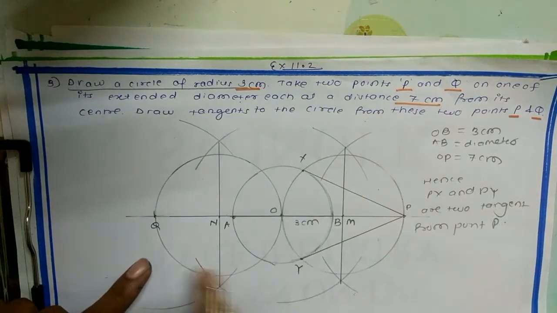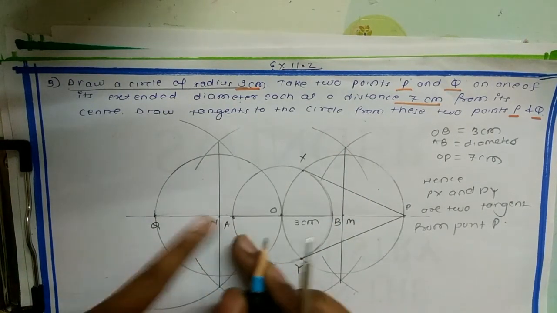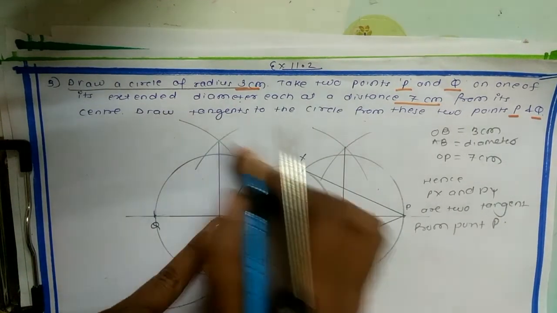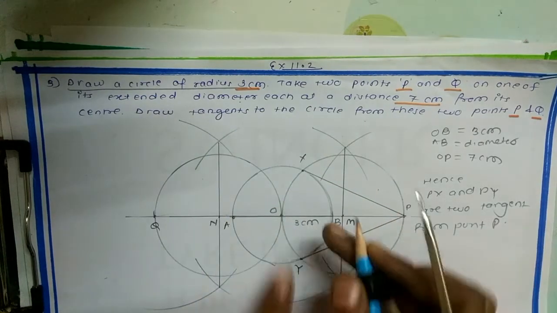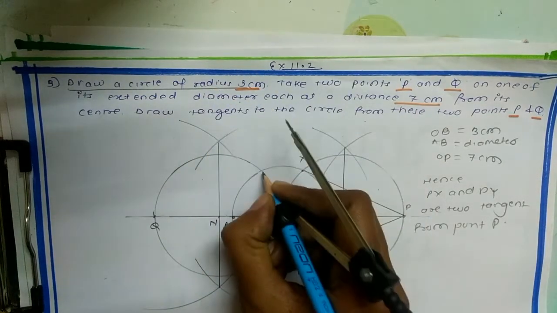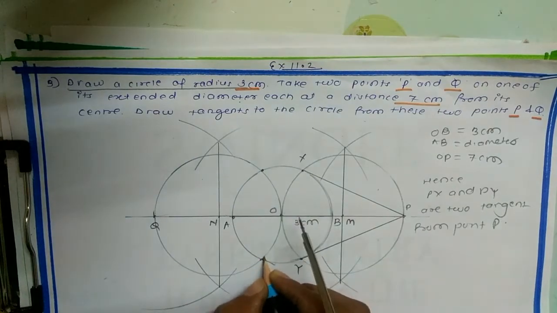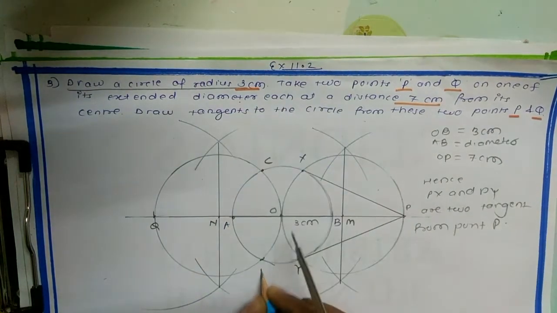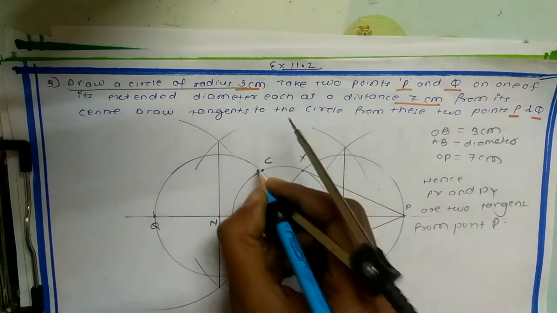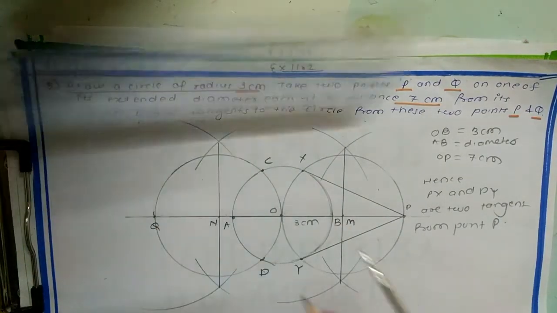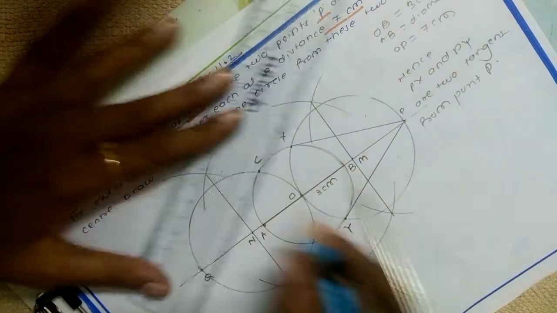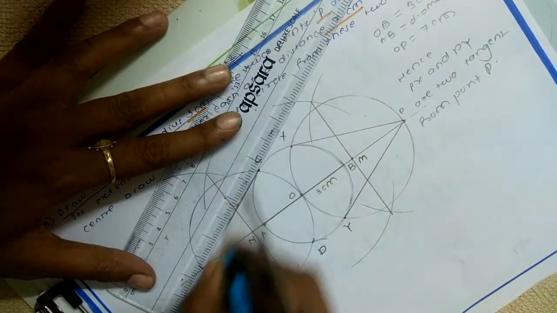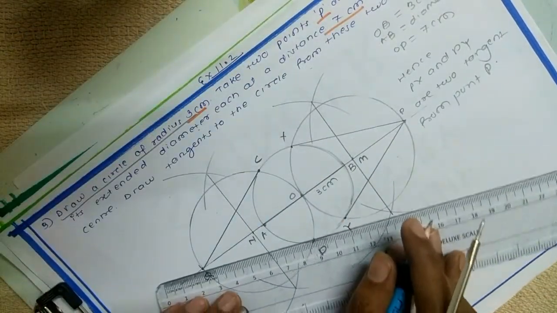This circle which we have drawn from the midpoint N intersects our main circle at these 2 points. I'll name these 2 points as C and D, because already I have taken AB here. So CQ and QD will give the 2 tangents from the point Q.